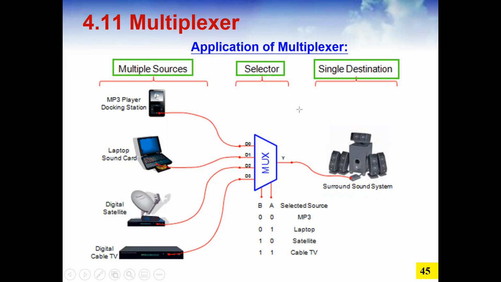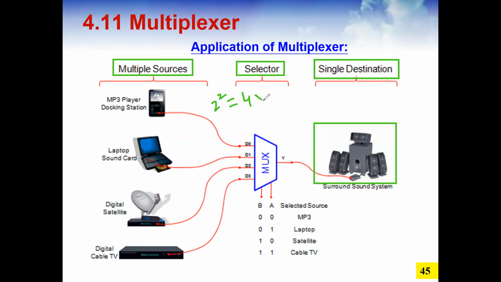Let's consider an example. We have a music system or sound system which we want to connect to any one of the inputs. Again, there is a rule for how many inputs there could be. This is always a power of 2, like 2's power 0, 2's power 1, 2's power 2, and so on. If I say 2's power 2, it means 4 inputs.